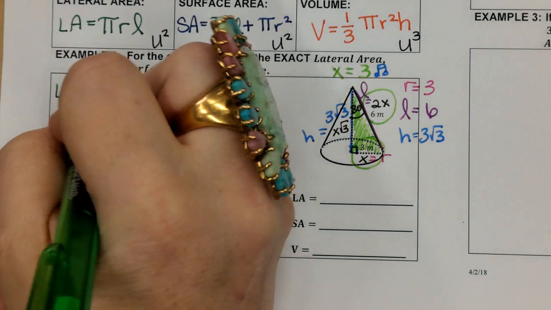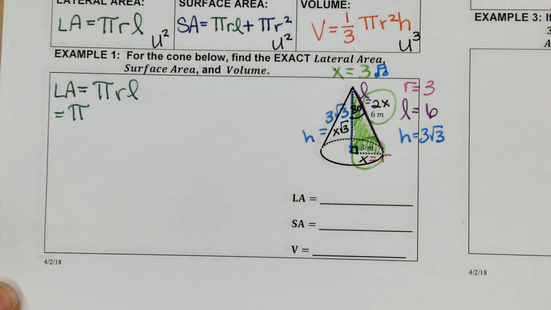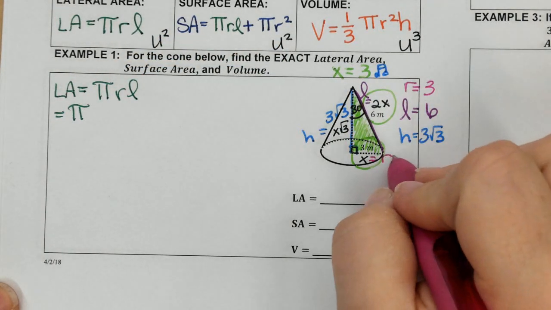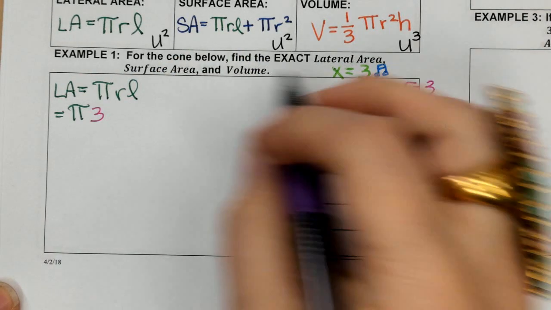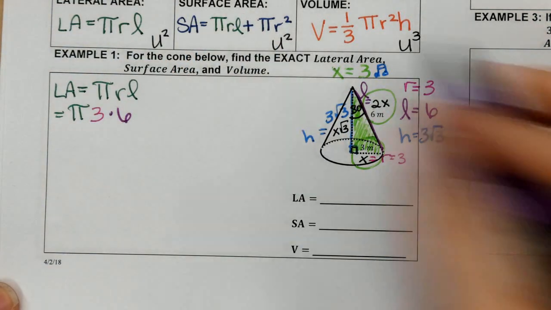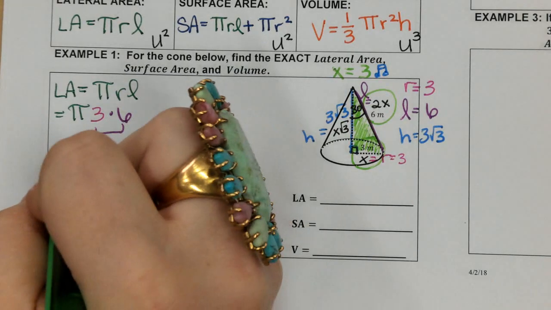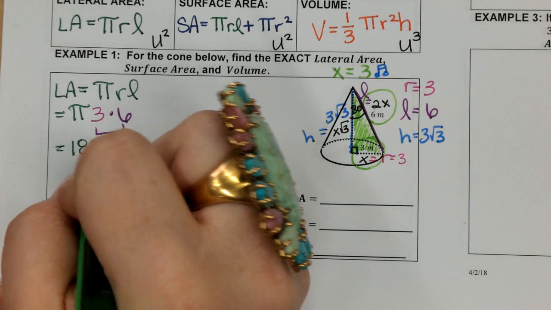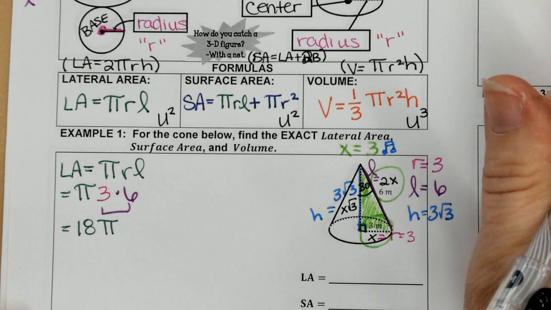Lateral area is pi RL. Radius is 3, our slant height is 6, and 3 times 6 is 18. And let me go back and make sure it's written up here.